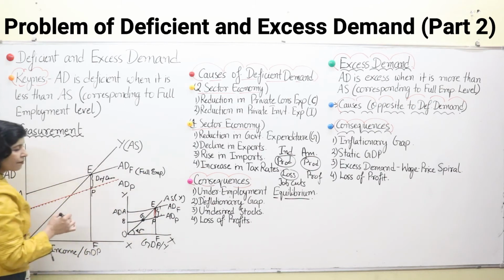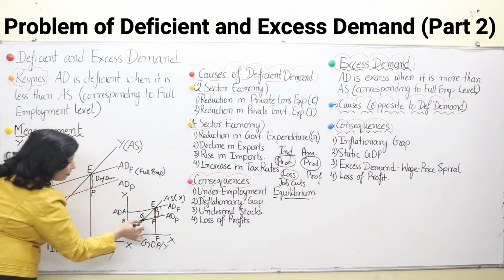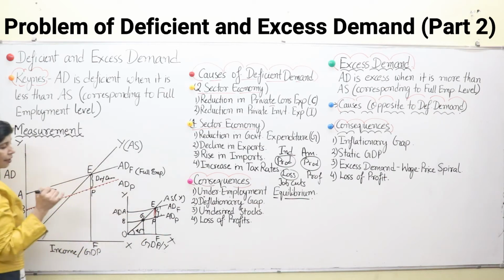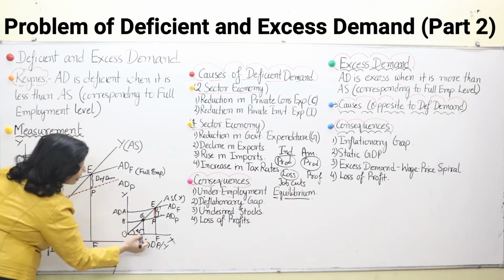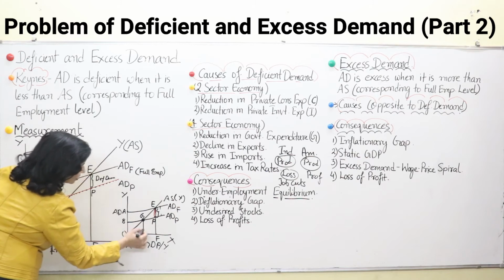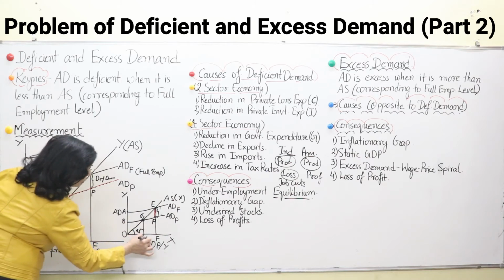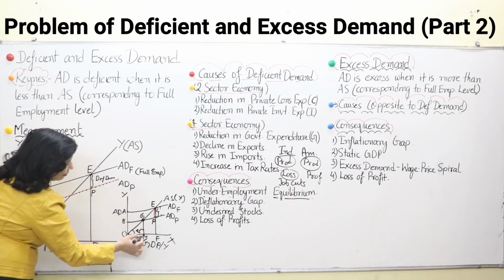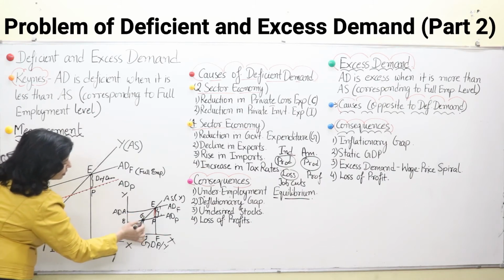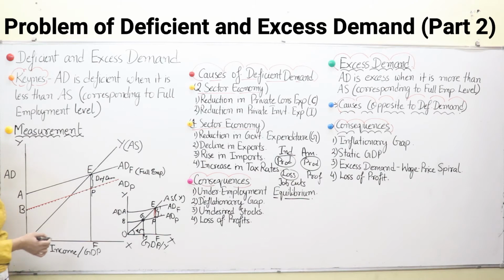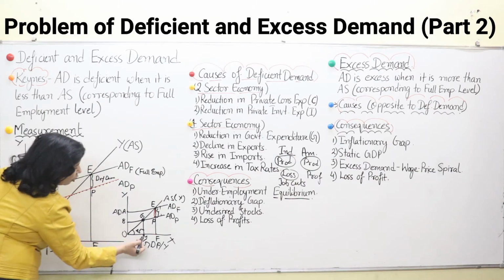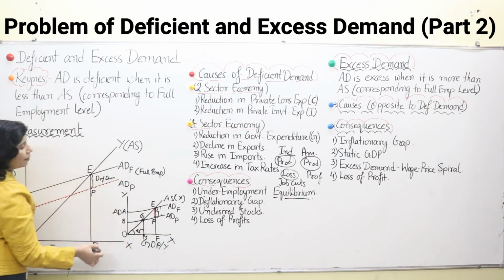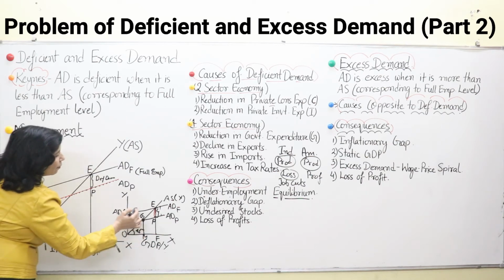This is point G. Here we will draw a line from G to touch our x-axis, and you can put any point, say M. This line GM, and M represents your underemployment equilibrium output in economy, the GDP at underemployment level. G is your underemployment equilibrium.